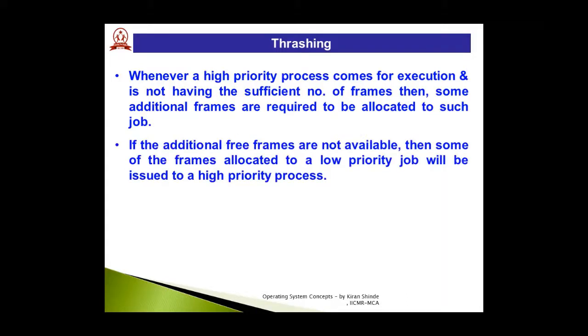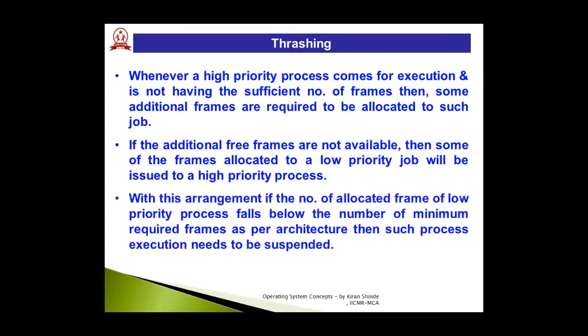If the additional free frames are not available, then some of the frames allocated to a low priority job will need to be replaced or will be issued to this high priority process. With this arrangement, if the number of allocated frames of the low priority process falls below the number of minimum required frames as per the architecture, then such process execution needs to be suspended. Now I will just tell you the takeaway of this particular slide.